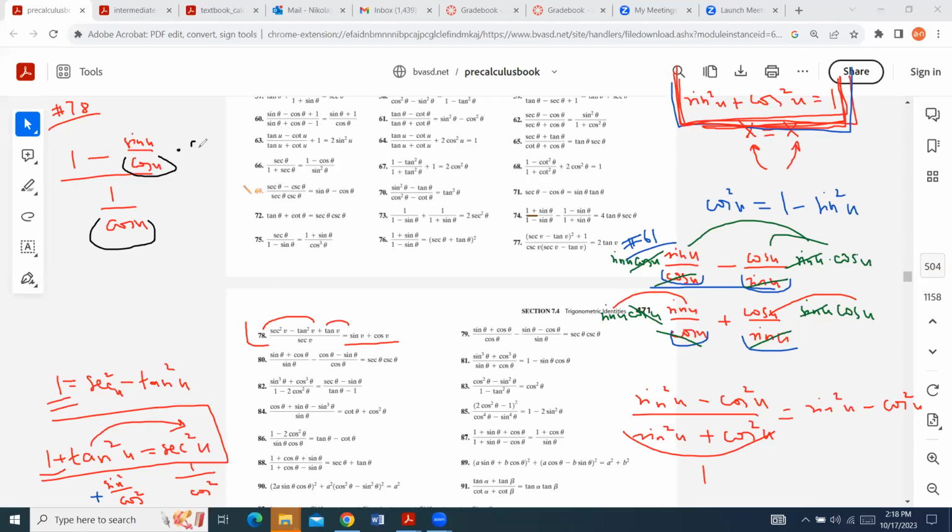So again, multiplying by cosine the top and the bottom. And the bottom has just 1 piece, but the top has 2 pieces. So I'm going to multiply each of them like that. So after we cancel, something nice is probably going to come out. And the numerator will have just cosine of u multiplied by 1, subtract sine of u. And then the denominator, all we have is just number 1.